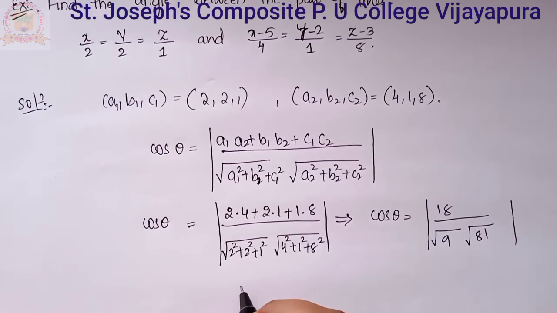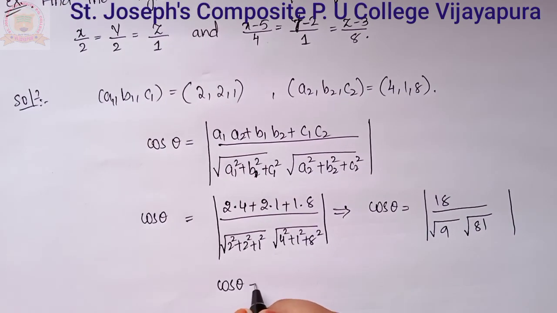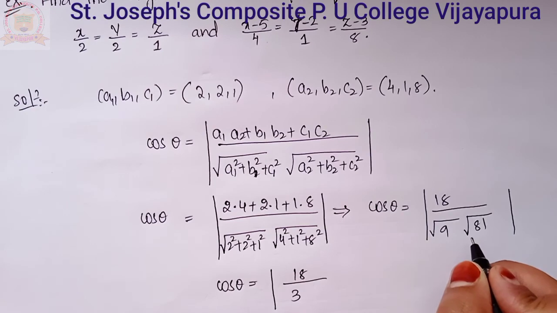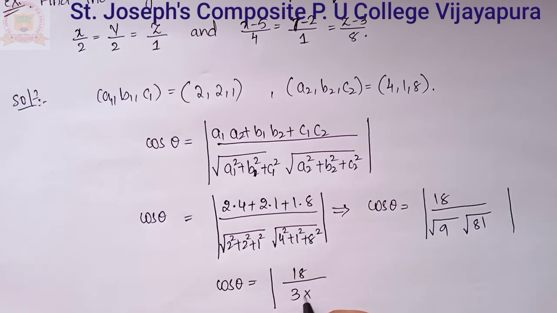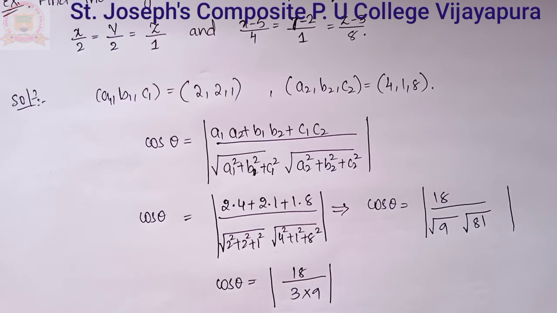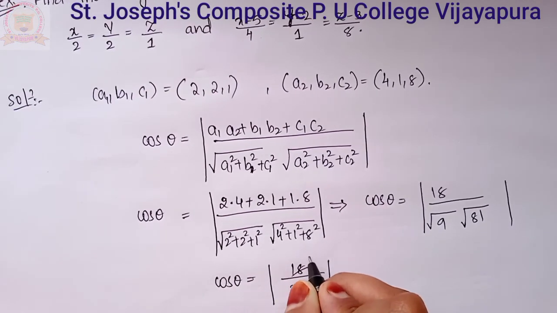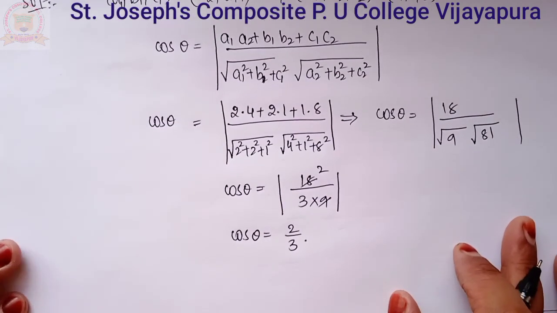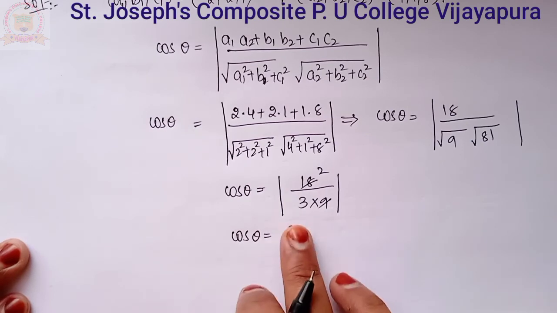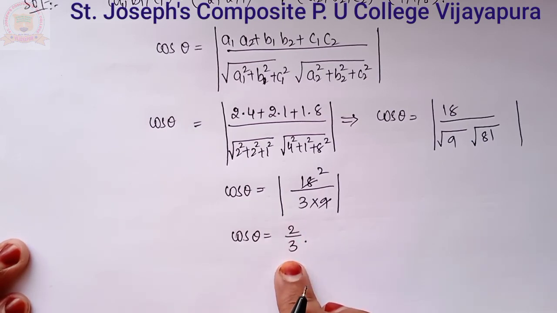Again cos theta is equal to mod of 18 divided by root 9 is 3 and root 81 is 9. So you will get cos theta is equal to 18 by 27, 9 2s are 18, 9 3s are 27, so 2 by 3.